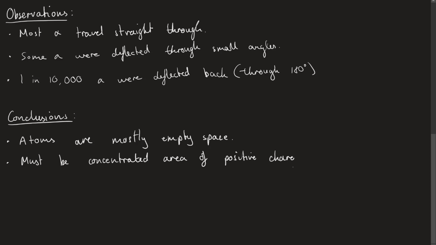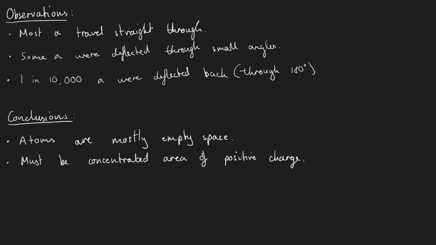How do we get this conclusion? Well, if we were to think of the size of a helium nucleus, the only possible way that it could be deflected back or even deflected through some small angle is that it has to have some sort of electrostatic repulsion. This is our hint towards it being positively charged.